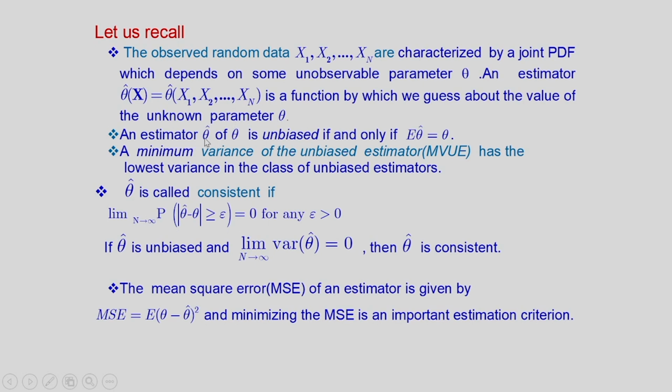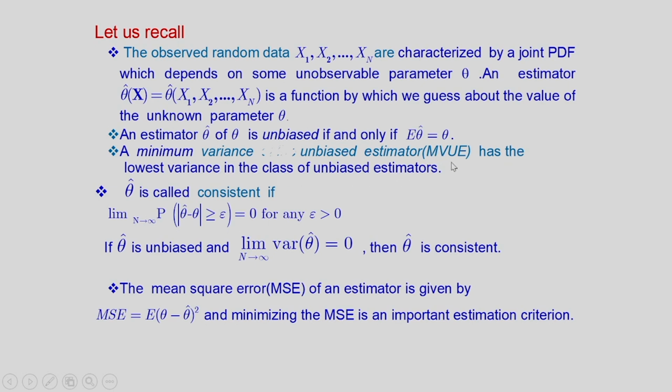An estimator theta hat of parameter theta is unbiased if and only if E of theta hat is equal to theta. So, this is the requirement for an unbiased estimator. A minimum variance unbiased estimator, MVUE, has the lowest variance in the class of unbiased estimators.